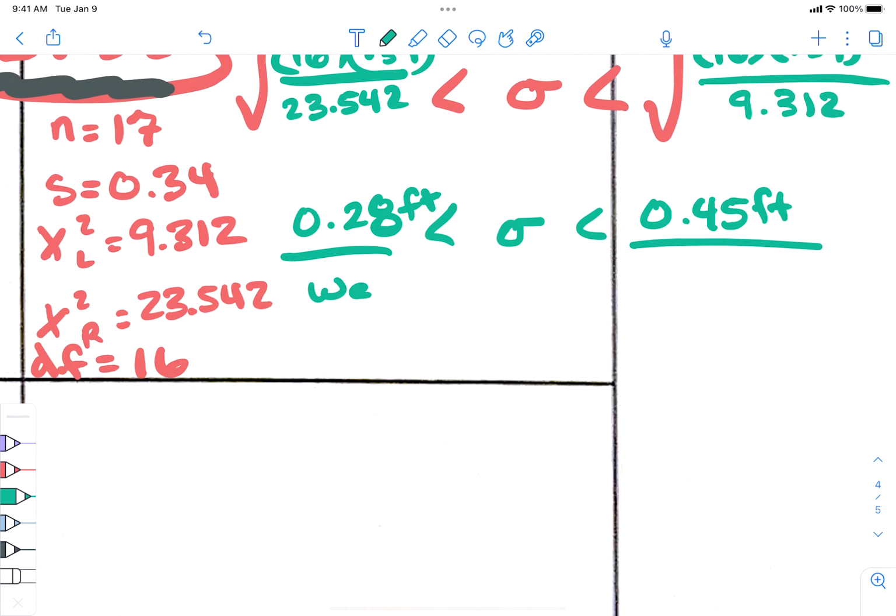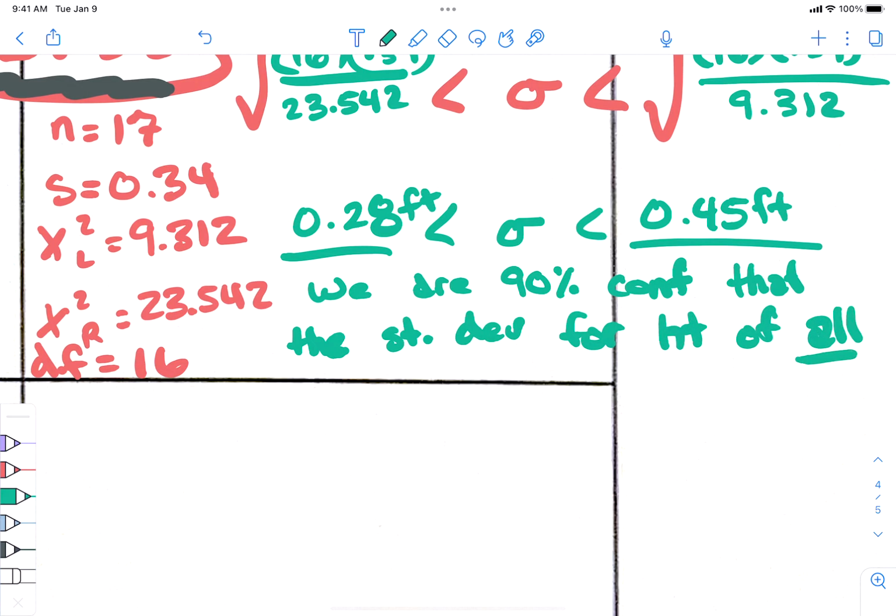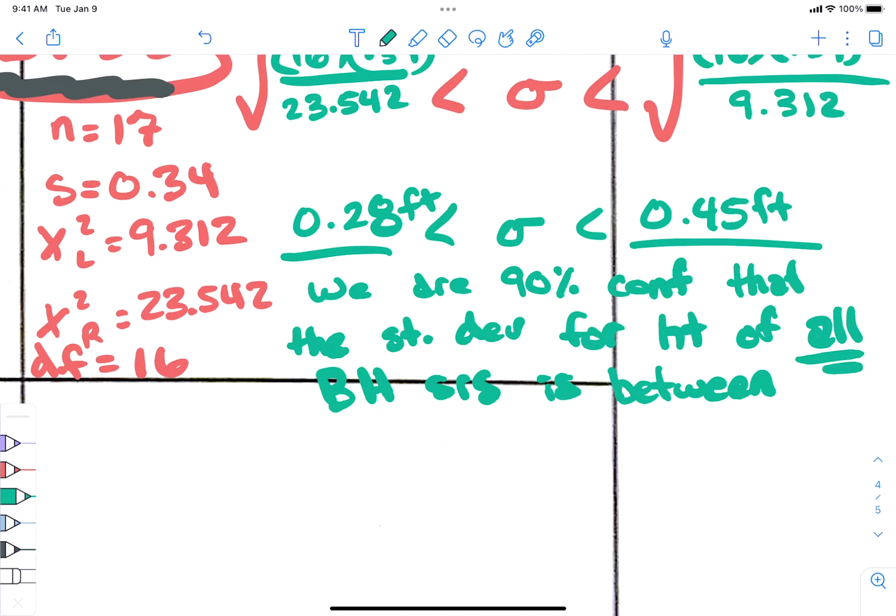So we are 90% confident that the standard deviation for the height of all Blue Hill seniors is between 0.28 and 0.45 feet.